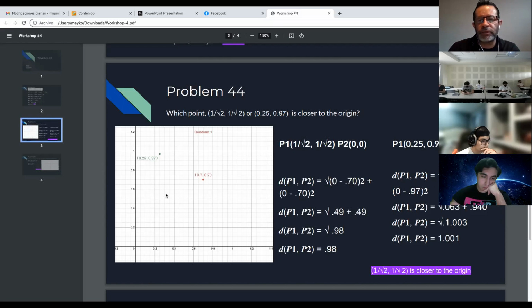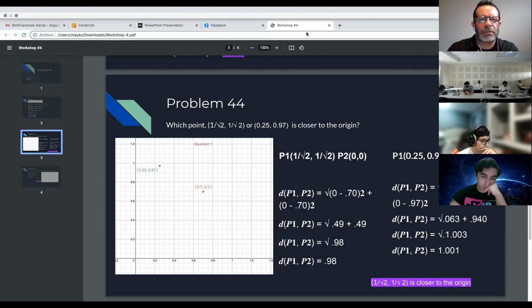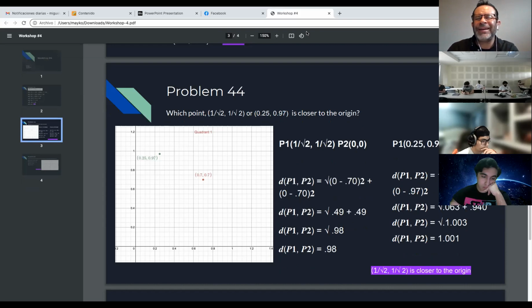We do the calculation directly and we find which one is closer. Well done. Perfect. Again, the only thing we're doing here is practicing the distance between 2 points formula. And this topic is important because it's a preamble to the graphing of functions topic that we're going to be seeing in the next few sessions.